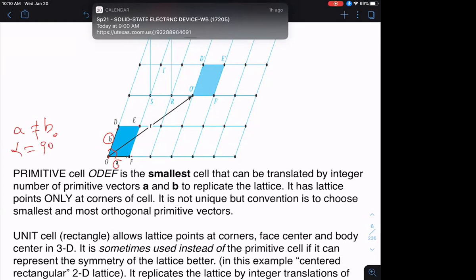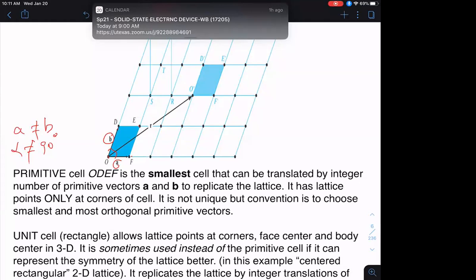So in this rhombus, if I made A and B equal to each other and alpha, so here it's not equal to 90 degrees, sorry. So if this alpha was forced to be 90 degrees, a rhombus looks like a rectangle, right? But surely you have to agree that a rectangle is more symmetric than a rhombus, and a square is even more symmetric than a rectangle, right?